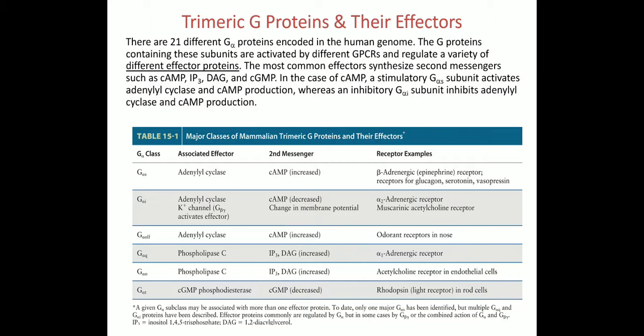There are 21 different G alpha proteins encoded in the human genome. These subunits are activated by different GPCRs and regulate a variety of different effector proteins. They synthesize secondary messengers like cyclic AMP, cyclic GMP, IP3, and DAG.